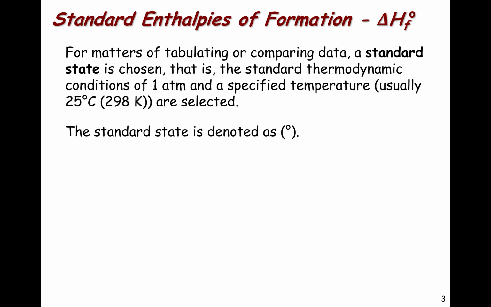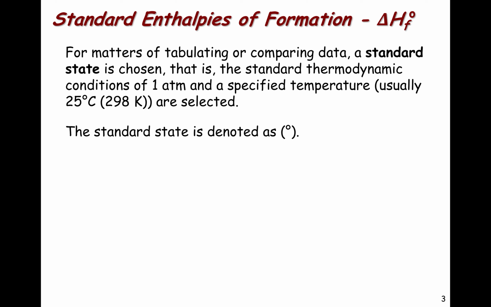Oftentimes you will find in various compilations of data, such as the CRC Handbook of Chemistry and Physics, a variety of these enthalpies of formations that have been measured under standard conditions. So, for example, the standard conditions are a situation where the reaction has been measured with a pressure of 1 atmosphere and at 25 degrees Celsius.